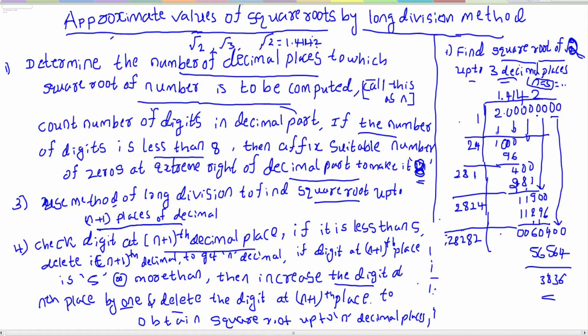Now start the long division process of this 2 up to n plus 1, that is 3 plus 1, 4 decimal places.